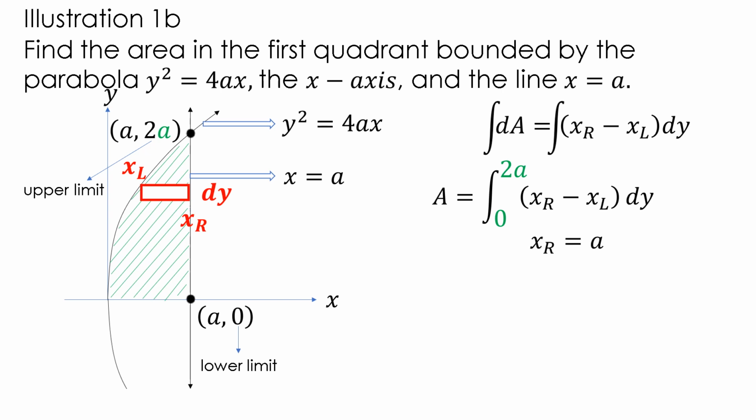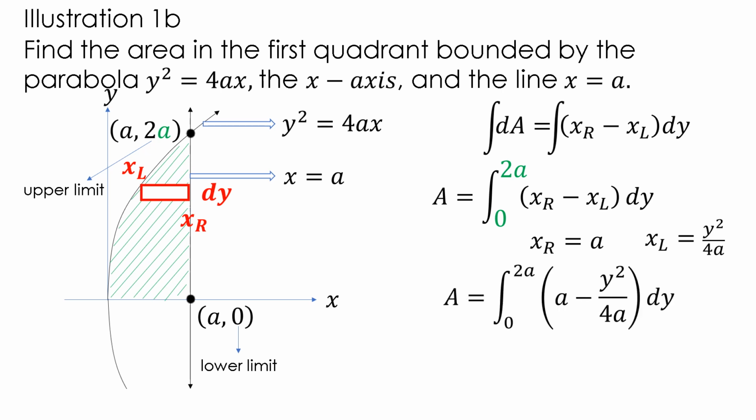XR is the line x is equal to a, and XL is the parabola equal to y squared over 4a. Substituting, we get the area equivalent to the integral from 0 to 2a of the quantity a minus y squared over 4a times dy.